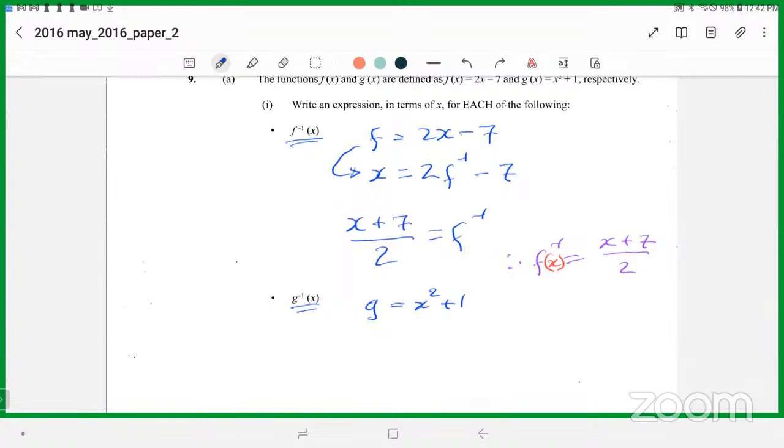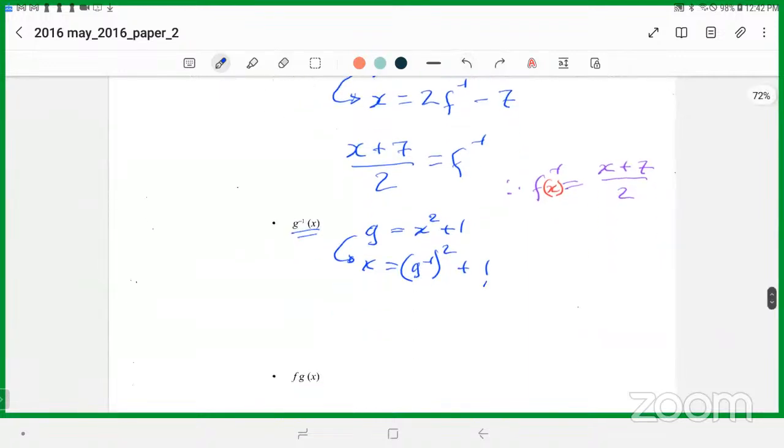So we're going to inverse this as usual. The g becomes x, and this x becomes g to the -1. So I'm going to write g to the -1 squared, plus 1, and leave g to the -1 as the subject. First thing is to move over the 1, and we get x minus 1 equals g to the -1 squared.